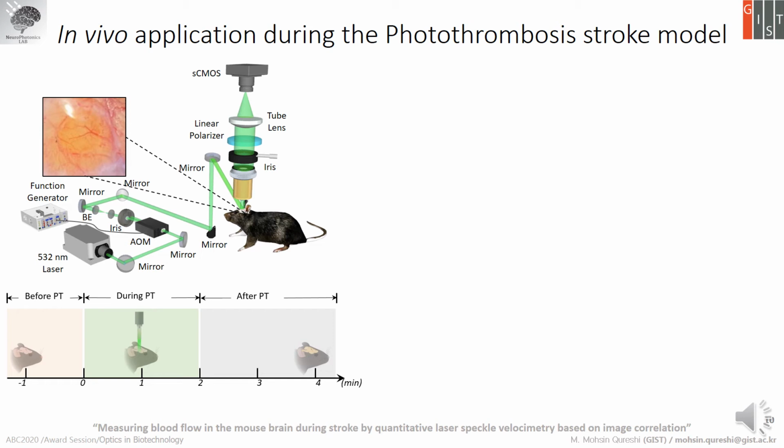Then rose bengal was injected by bolus injection, and from another laser, green light was shined for 2 minutes. In the middle of the 2 minutes, that is, after 1 minute, speckle images were captured during the photothrombosis procedure. After the procedure, we took speckle images after 4 minutes.